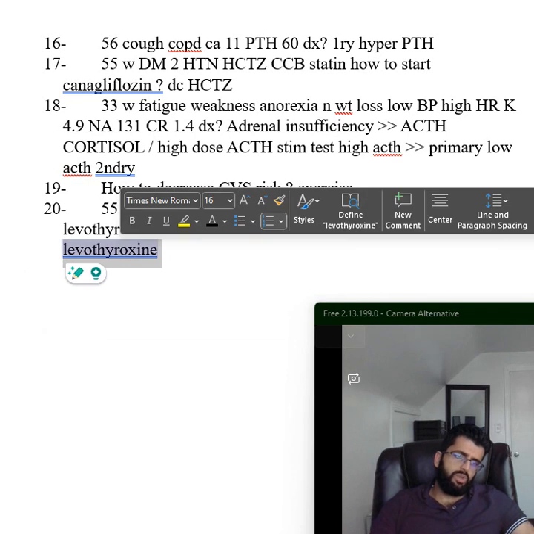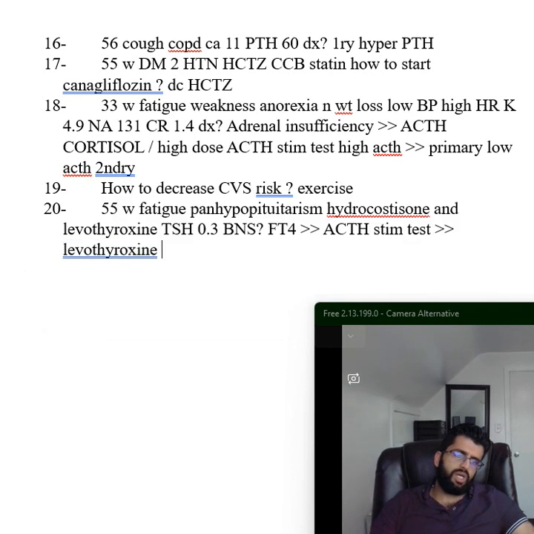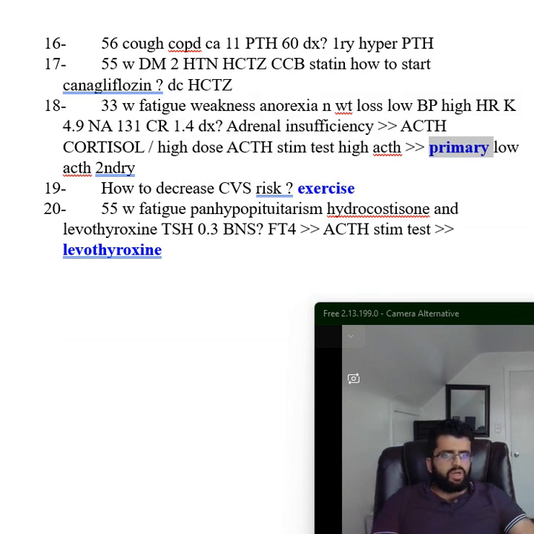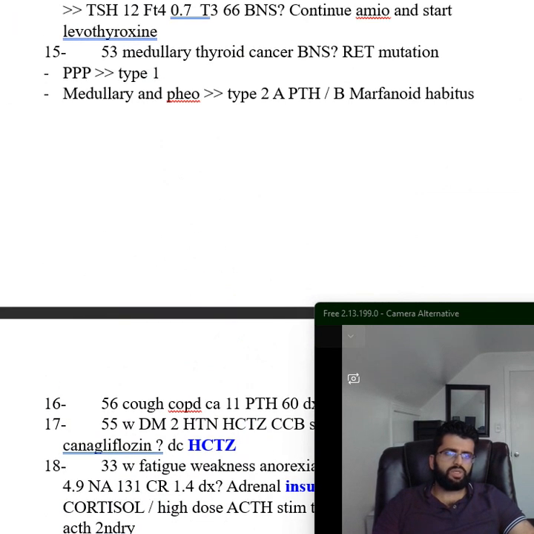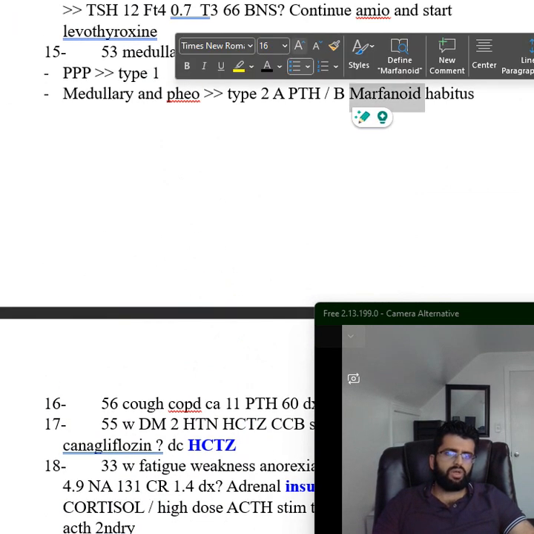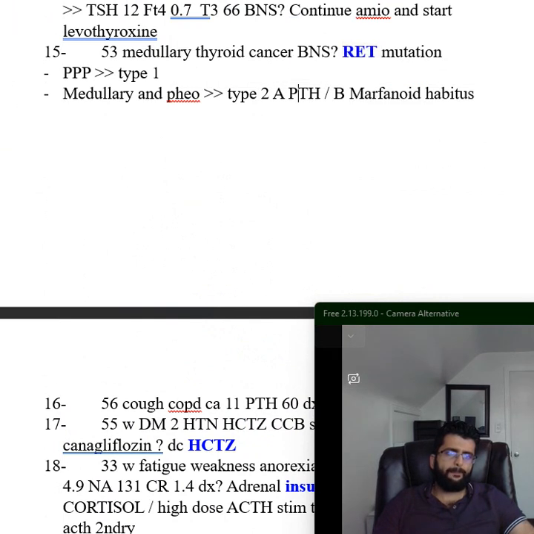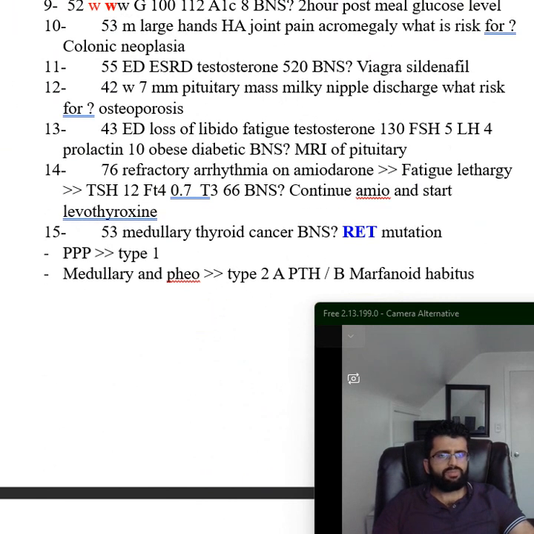Okay, so now we talked about primary hypothyroidism. We talked about exercise. We talked about adrenal insufficiency. Talked about hydrochlorothiazide with SGLT2 inhibitor, primary hyperparathyroidism, marfanoid habitus, RET mutation, MEN syndrome. We talked about amiodarone and its relation to the thyroid.